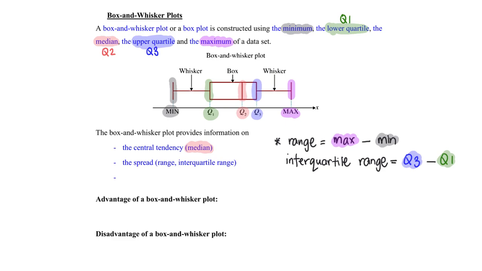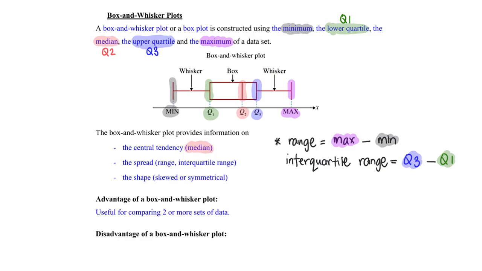Alright, and also from here we can know the shape of this particular distribution of data, whether it is skewed towards the left whisker or the right whisker, or is it symmetrical.